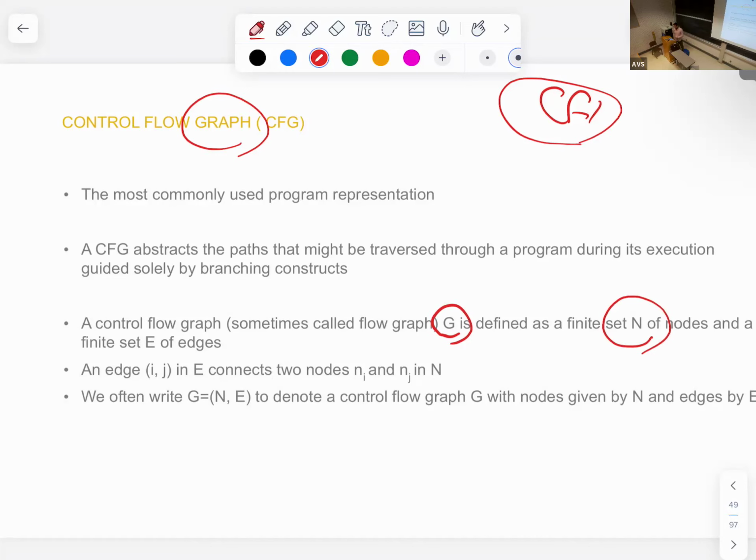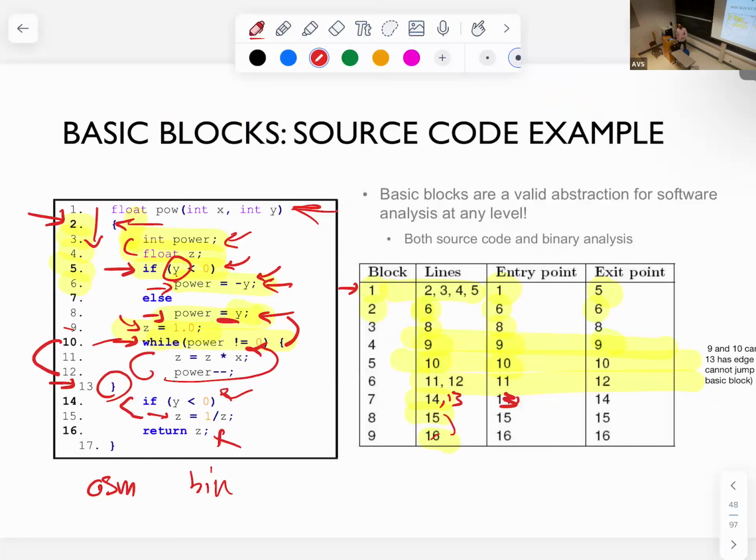Okay, so for example, in this particular previous case, you will have 9 different nodes, and then the transition between these basic blocks becomes your edges. Okay, so for example, from 1 you go to 2, so there will be an edge between 1 and 2, and so on and so forth.